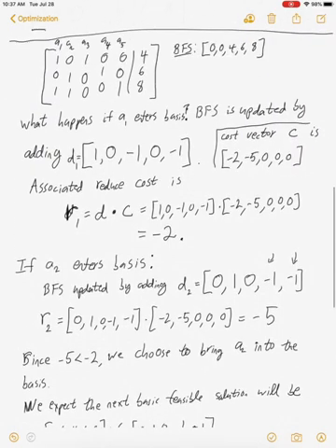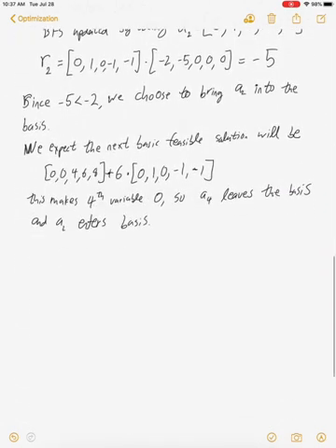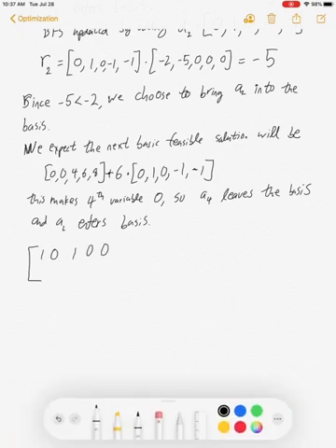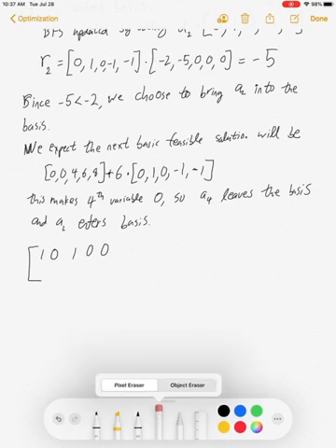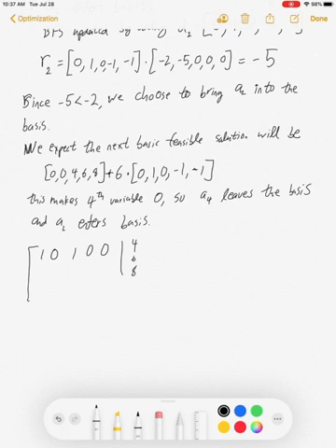So if we copy our matrix again, we had 1, 0, 1, 0, 0, 4, 6, 8. Oops. Okay.